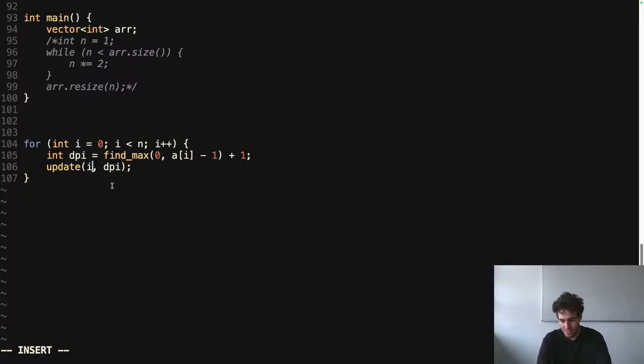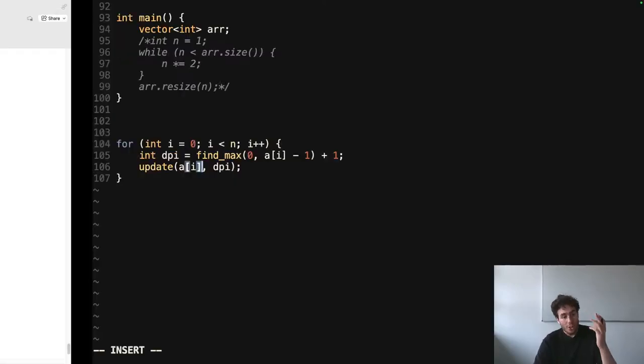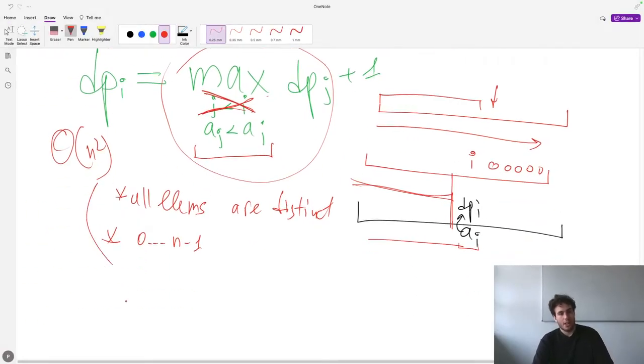Oh wait, what am I doing? Not right. I'm saying something and writing something different. Yeah, so we update the position a[i], not position i.